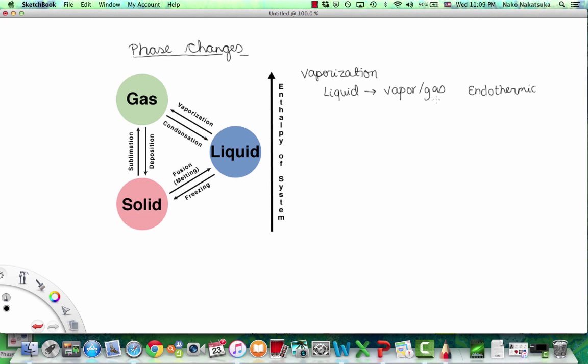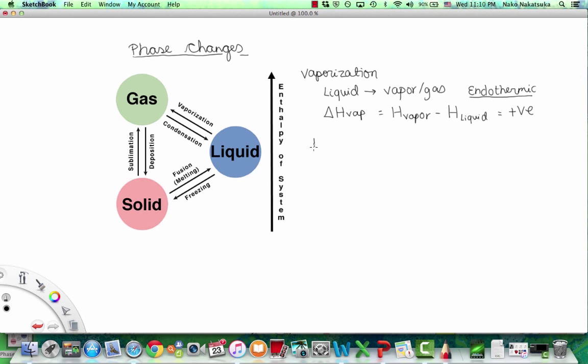So basically, in order for vaporization to happen, you need to supply heat into the system. And thus, the enthalpy of vaporization, delta H, which is written as VAP, is the enthalpy of the vapor minus the enthalpy of the liquid, which gives a positive value, because remember, positive delta H values are endothermic.